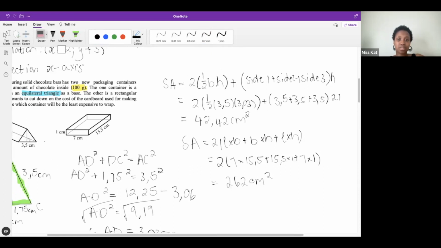Okay, let's do it step by step. What is 2 times a half times 3,5 times 3,03? Just this part. What is that? Yeah, it can't be such a huge difference. Something is off. So it's times 3,03.